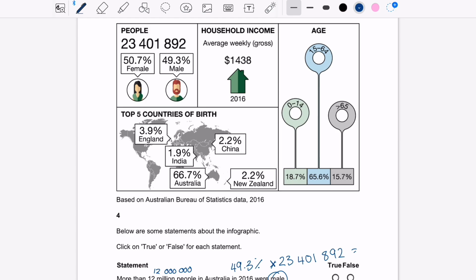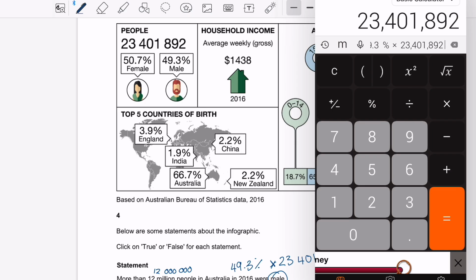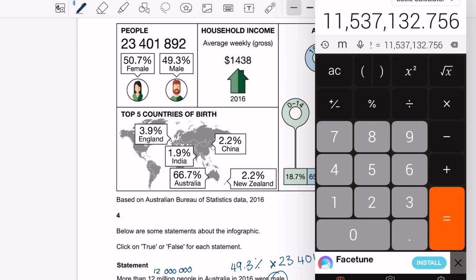There is actually an easy way to do this question, but I'm just fully putting out all the mathematics for you. So type it into your calculator, 49.3, and then percentage button of 23,401,892 is 11 million something.